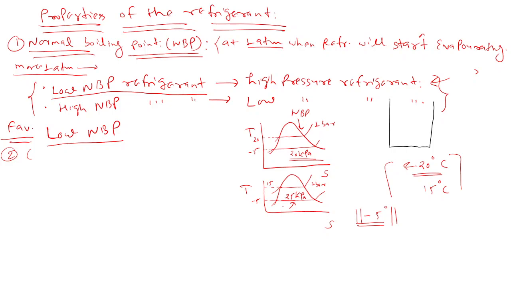In the same way, at -5 for normal boiling point 15, it would be 25 kilopascal. So we can use this lower normal boiling point at higher pressure, 25 kilopascal. So low normal boiling point, we say high pressure refrigerant.